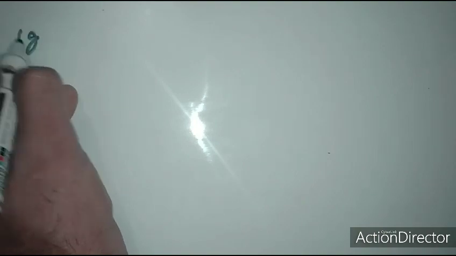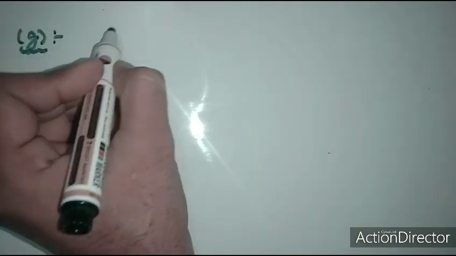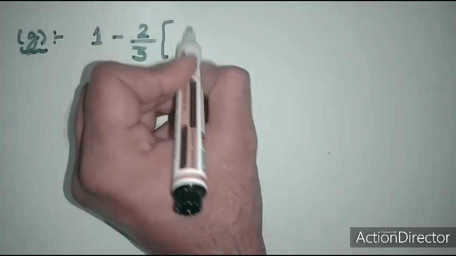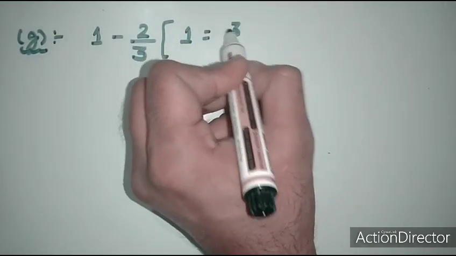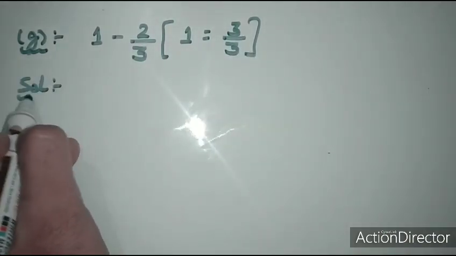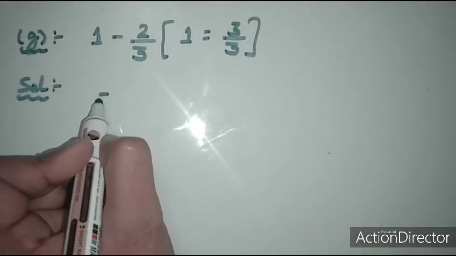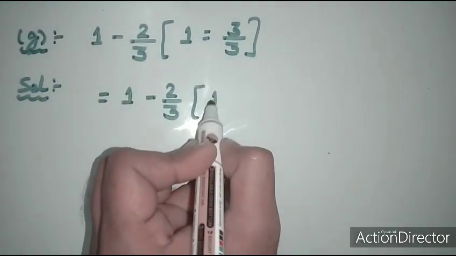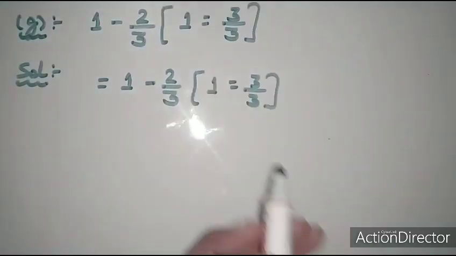Now here we will solve the G part of this question: 1 minus 2 upon 3, where 1 equals 3 upon 3. First we write this question here, 1 minus 2 upon 3, with 1 equal to 3 upon 3.